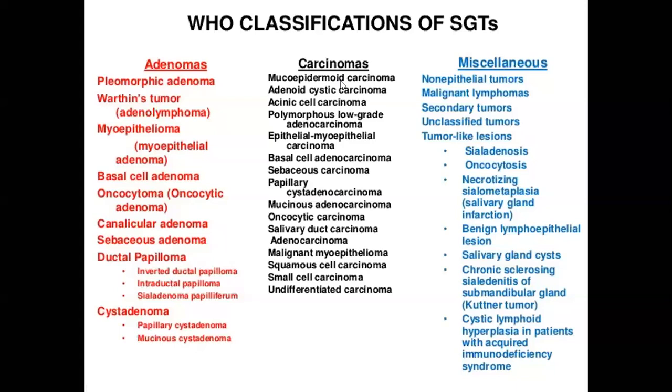Carcinomas are further divided into mucoepidermoid carcinoma, adenoid cystic carcinoma, acinic cell carcinoma, then polymorphous low-grade adenocarcinoma, epithelial-myoepithelial carcinoma, basal cell adenocarcinoma, sebaceous carcinoma, and papillary cystic carcinoma, further divided into mucinous and papillary, then salivary duct carcinoma, malignant myoepithelioma, squamous cell carcinoma, small cell carcinoma, and undifferentiated carcinoma.